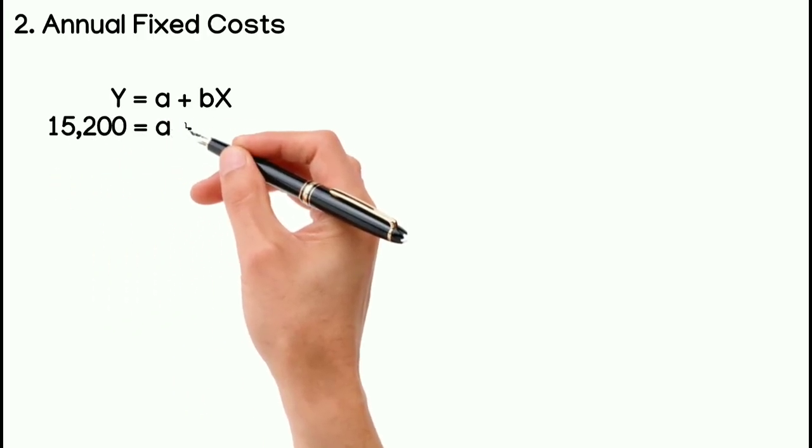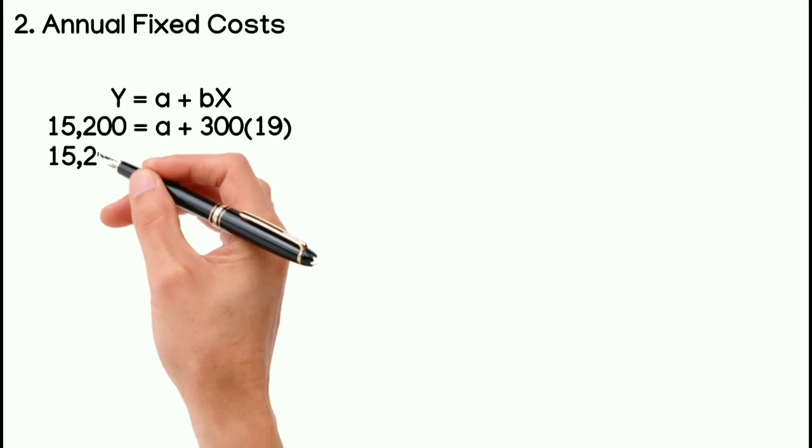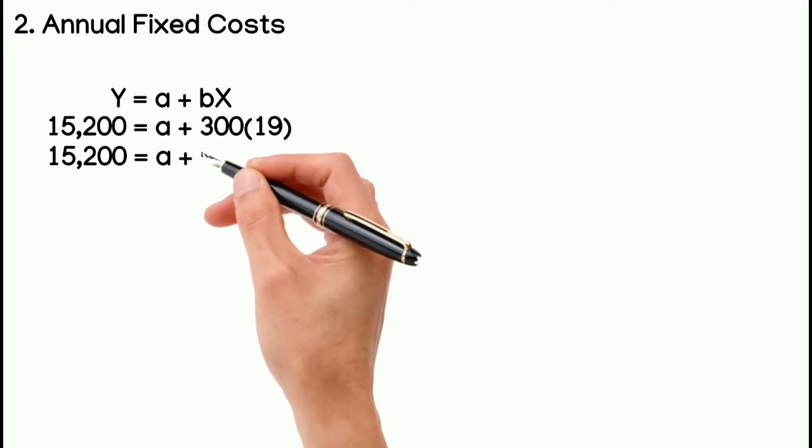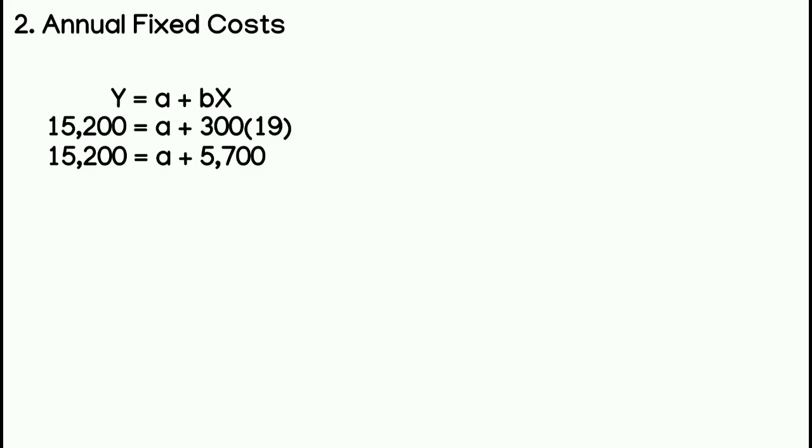Ang y ay 15,200, yung b ay 300, at yung x ay 19. So that will become 15,200 is equal to a plus 300 times 19. 15,200 is equal to a plus 300 times 19, that is equal to 5,700.